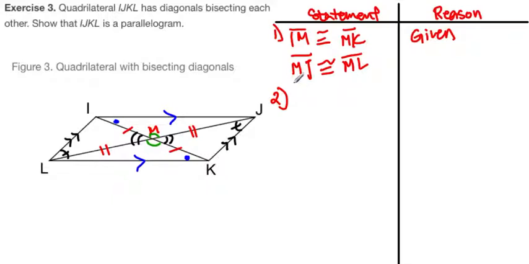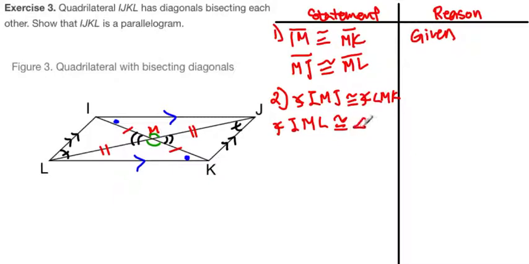Now, then we get to realize that angle IMJ is congruent to angle LMK. So as angle IML must be congruent to angle JMK. Why? Vertical angles are congruent.